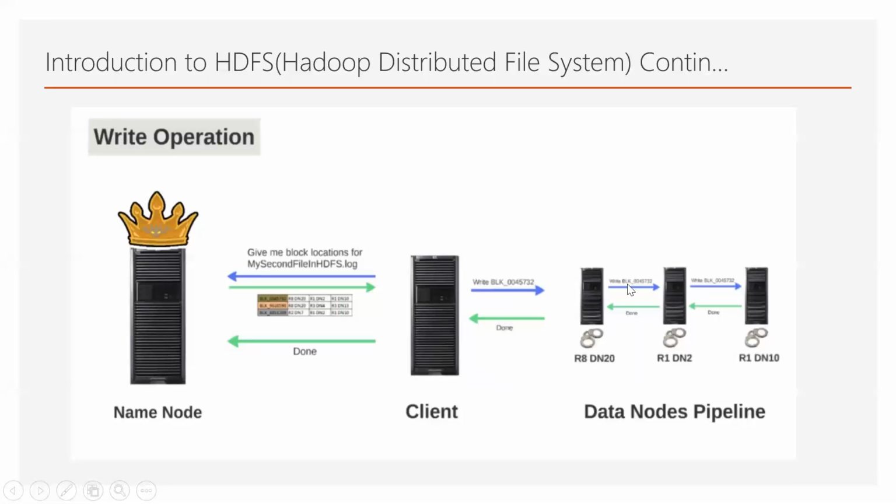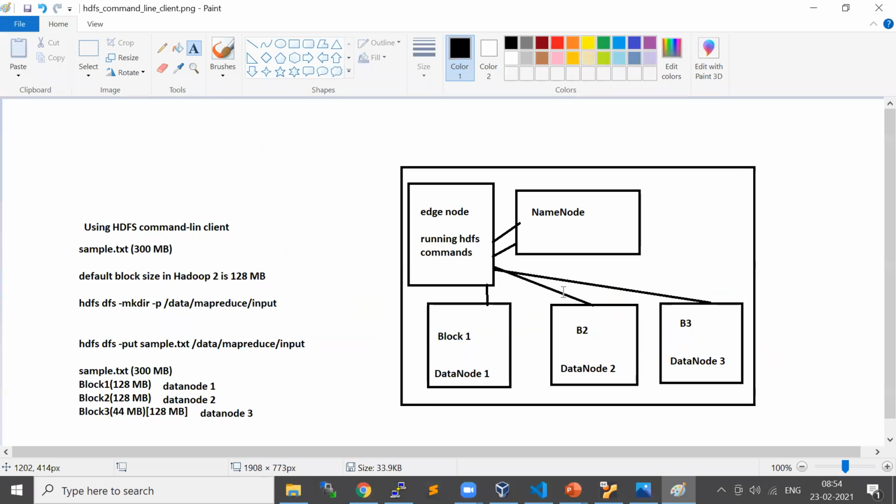So the copying of the subsequent copies of block 1 is done sequentially. Always, the first copies of the blocks are written in parallel, and then the second copies of each block happen in a sequential manner.